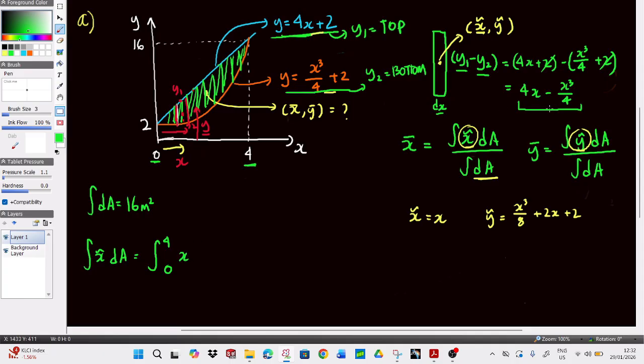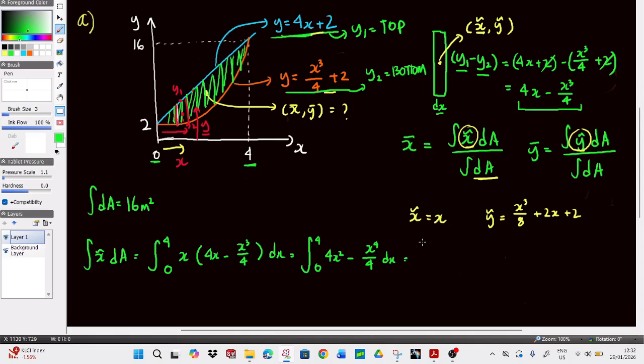Our dA is 4x minus x cubed over 4 dx. So you put in the limits 4 and 0, 4x squared minus x to the power of 4 over 4 dx, integrated.